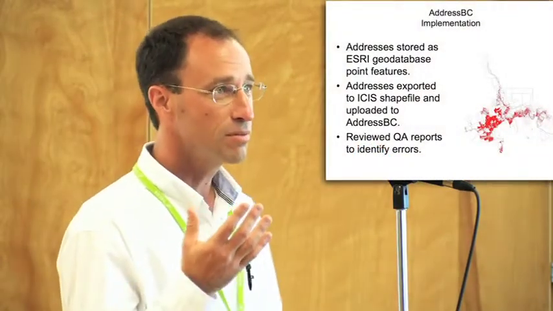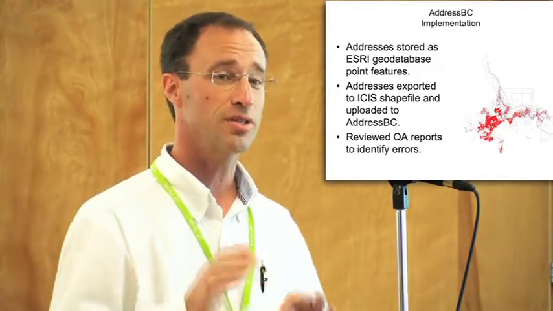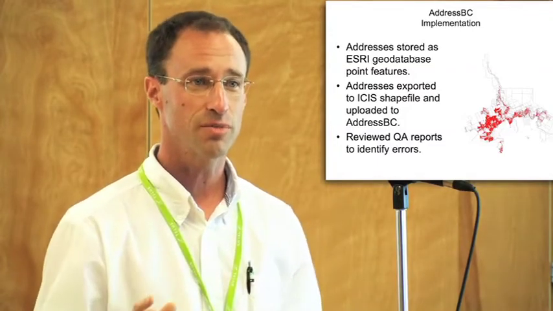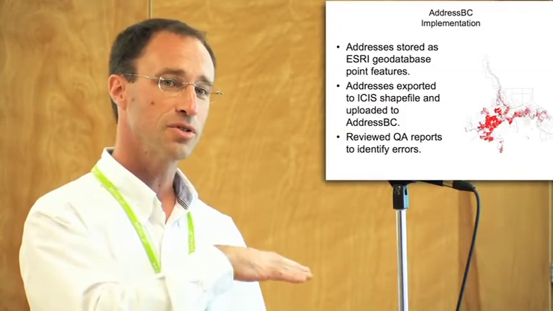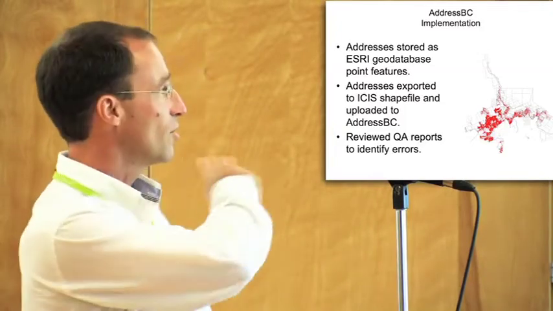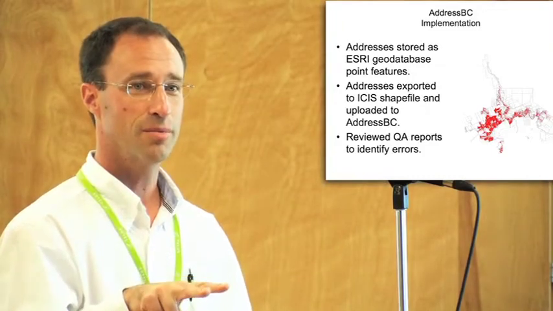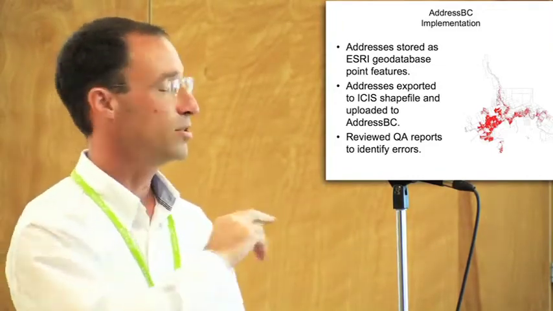The best way was for me to go into the address editor itself, download my selected addresses of the new subdivision, overlay them on my GIS in the office, and do my edits. In this case, an oversimplification: an old address, we've got 2 new lots coming in, the yellow address is gone, we delete it, we add 2 new ones.